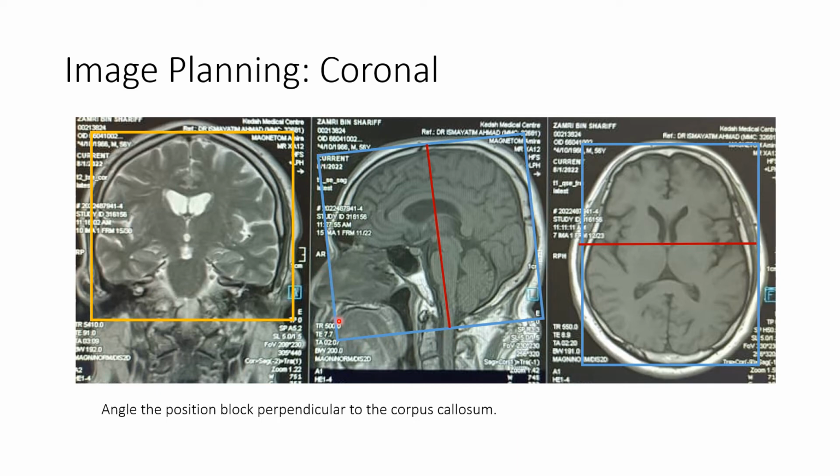So we have to angle the blue box, or the position block, perpendicular to the corpus callosum. So we ensure the red line and also the blue block must be perpendicular to the corpus callosum. And we check with the axial images, making sure all the brain is inside the blue box.